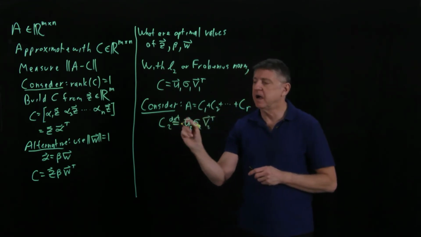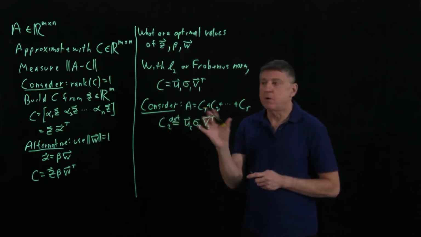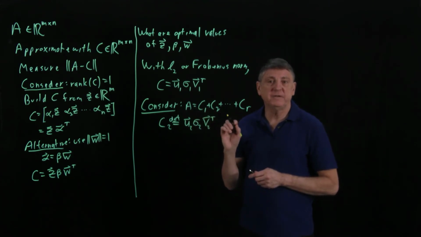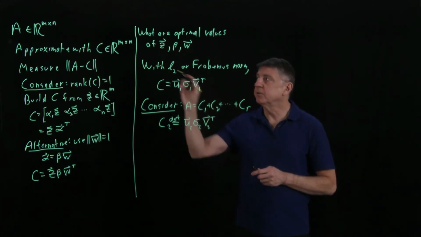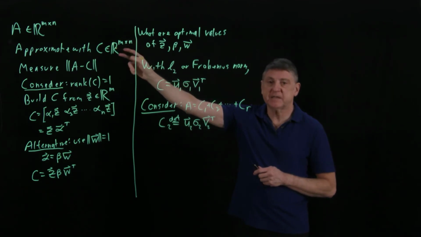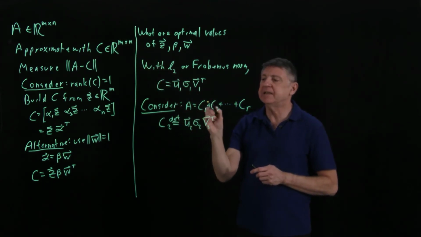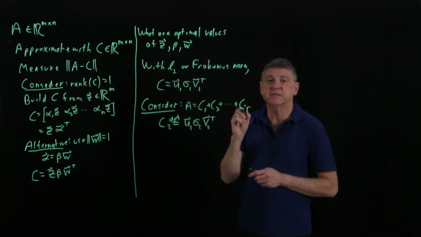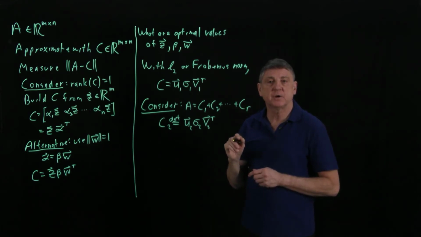Now, how can I do that? Well, in a previous session, I showed you how you could take a matrix A and represent it as the sum of rank 1 matrices by using a singular value decomposition.